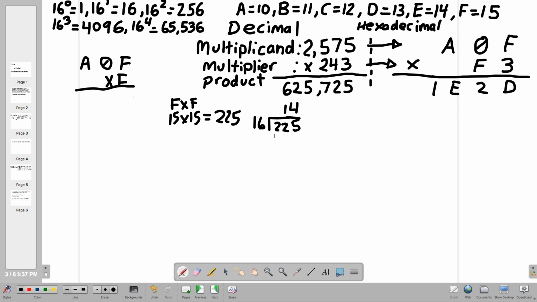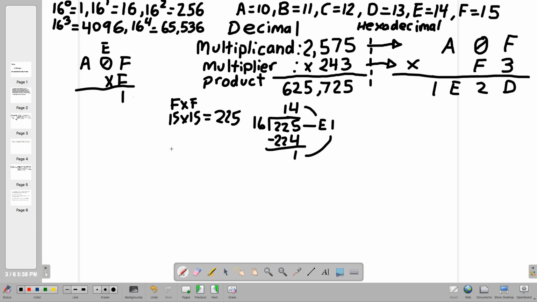So that means we're going to subtract 224 from 225. That's 1. And so what this says is that the decimal value 225 is represented in hexadecimal as E1. That's because 14 represents E. So we have a 1 goes here, and then the E is carried up.